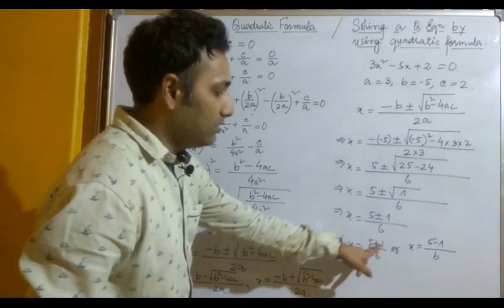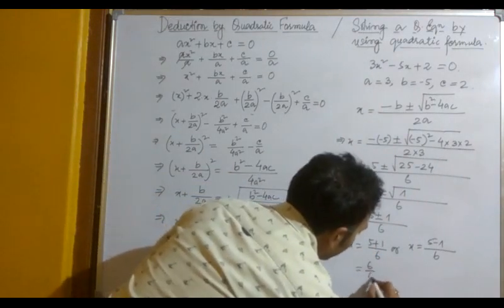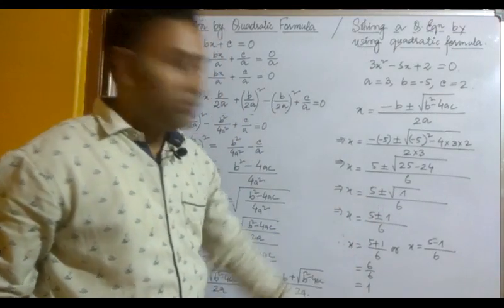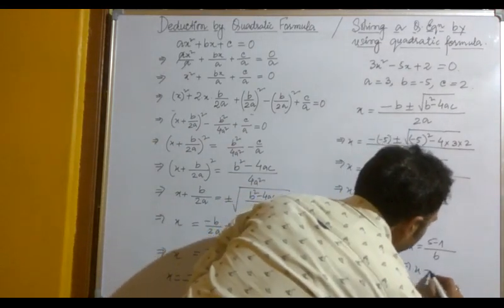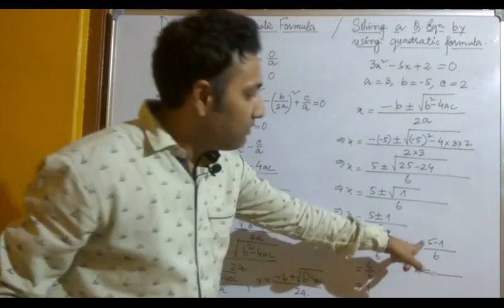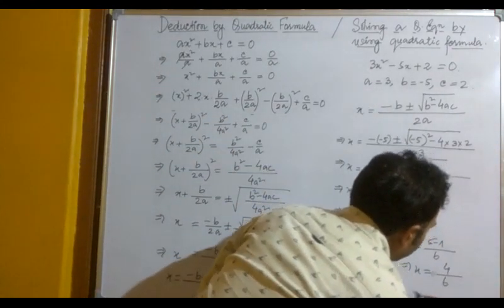So 5 plus 1 is 6, 6 divided by 6 is equal to 1. So we got the value of x is equal to 1. Another value we will get: x is equal to 5 minus 1, so 4 by 6.